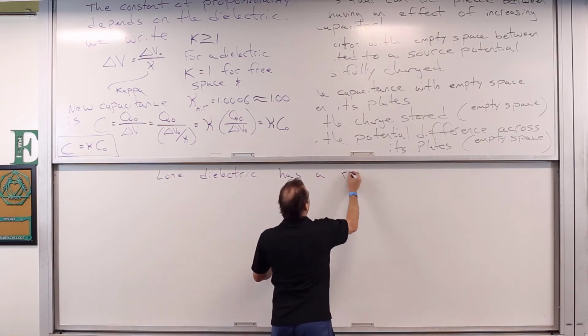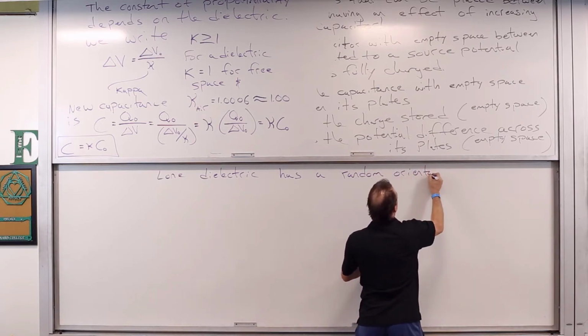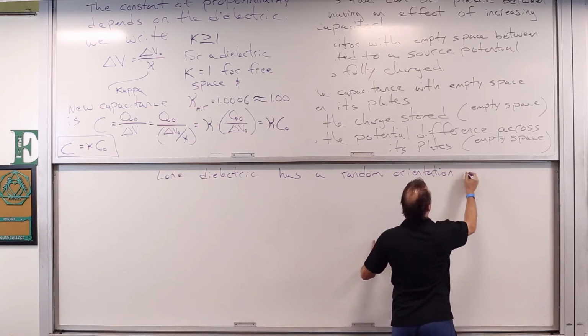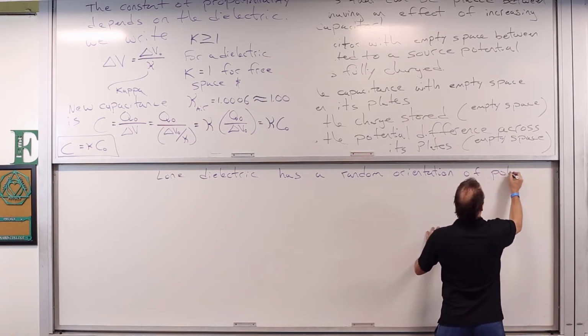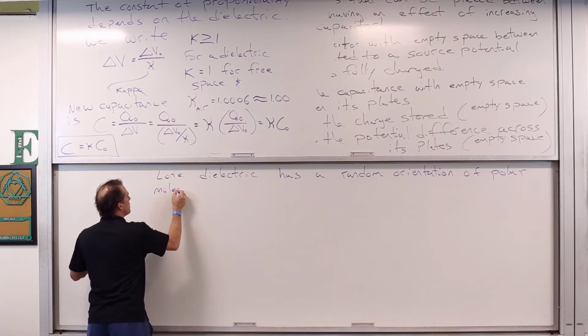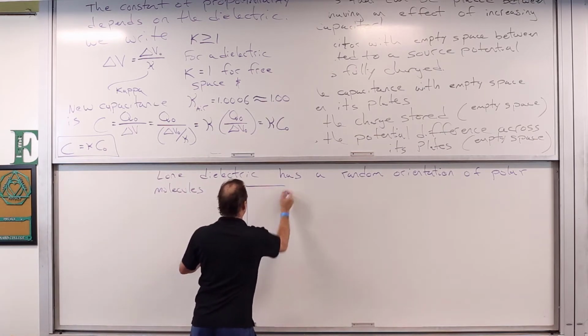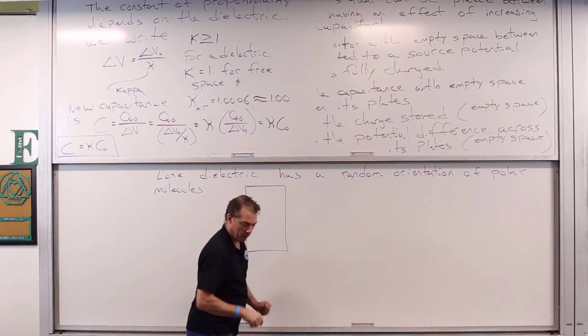So a lone dielectric has a random orientation of polar molecules. So we take some dielectric material here, and what do we have?